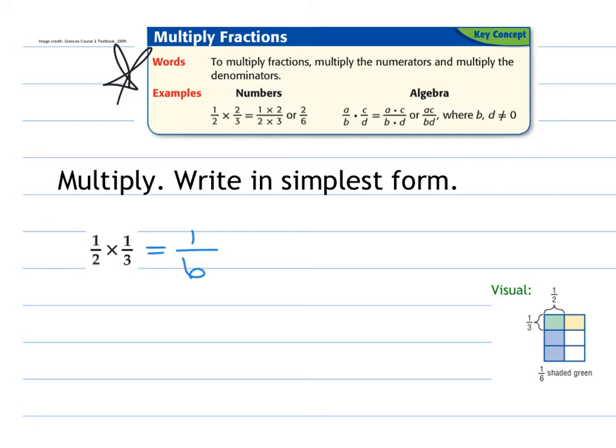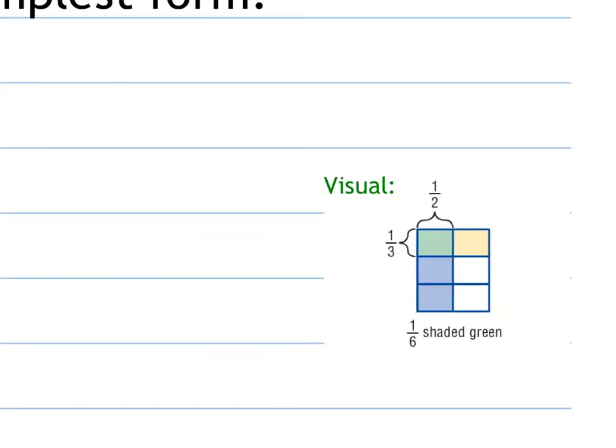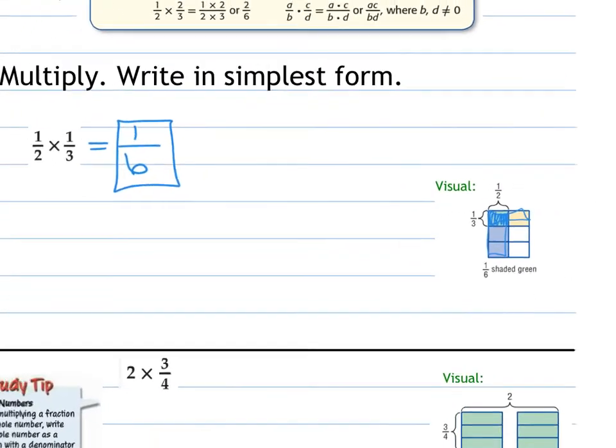And then you would simplify if you can, but 1/6 is already in simplest form, so that would be your answer. Okay, little visual here of it. We had the 1/3, and then we were taking half of that amount, which is just 1/6 of it.